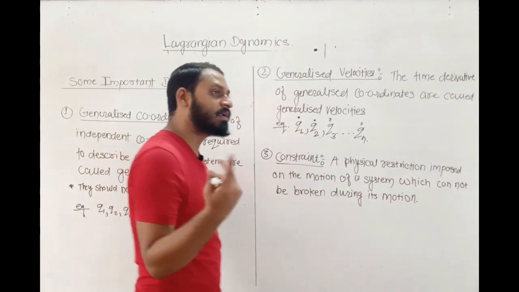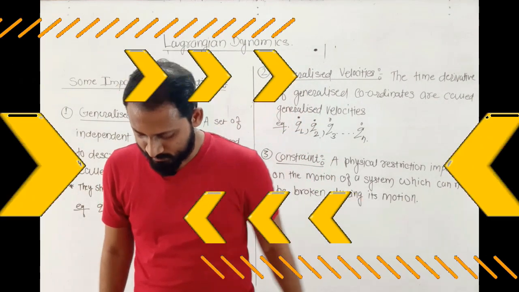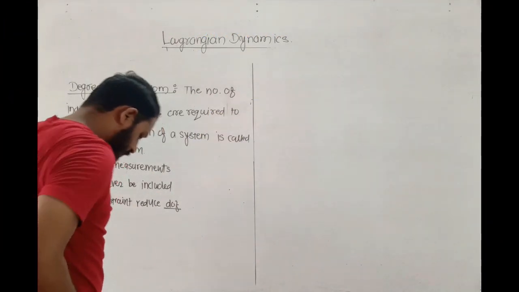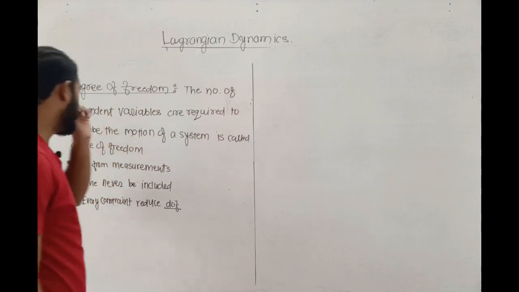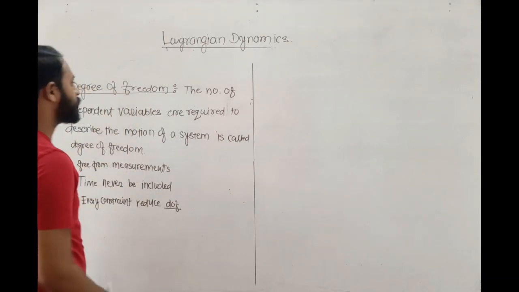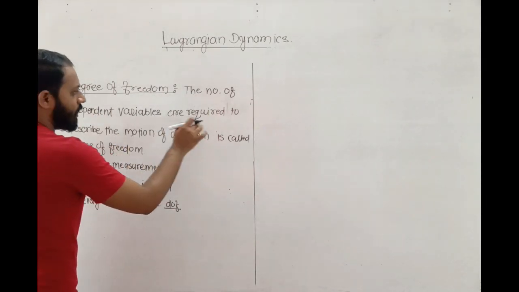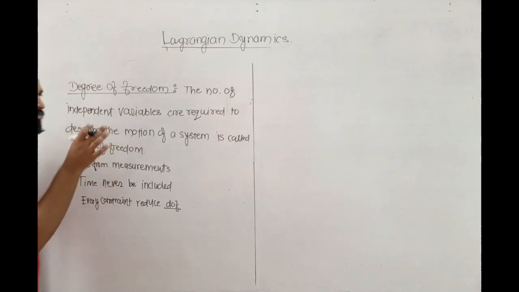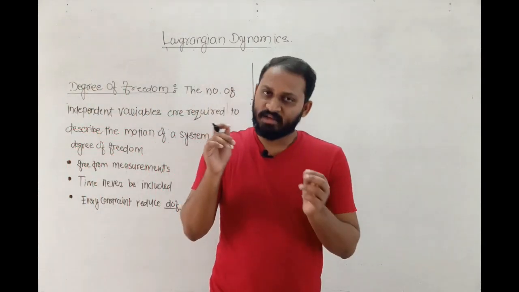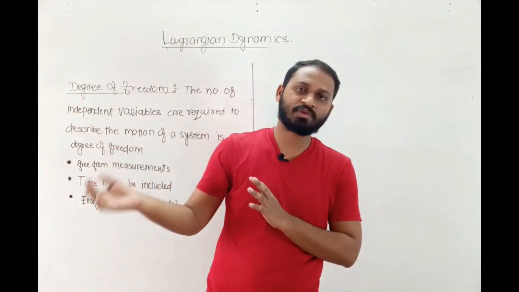Now next we will discuss the degree of freedom, what it is and its examples. Now see the important one, the degree of freedom. What is the definition of degree of freedom? The number of independent variables required to describe the motion of a system is called the degree of freedom.